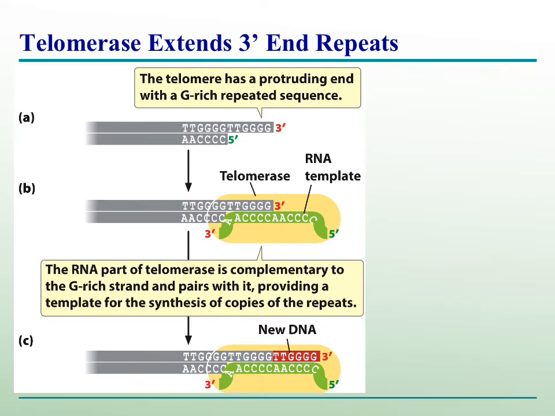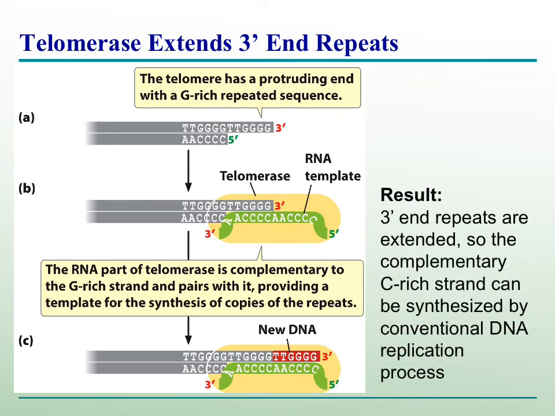Notice that the repeating sequences of this telomere, remember they would be repeated hundreds to thousands of times, TTGGGG, extend as a 3' overhang. The telomerase for this organism consists of an enzyme that is associated with a specific RNA molecule, shown in green. Notice that that RNA is complementary to the telomeric sequences, and therefore it can bind to that 3' overhang.